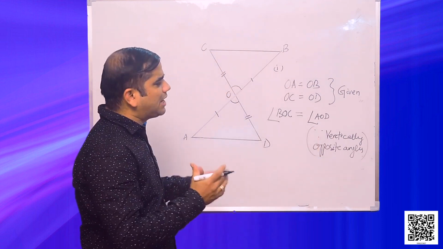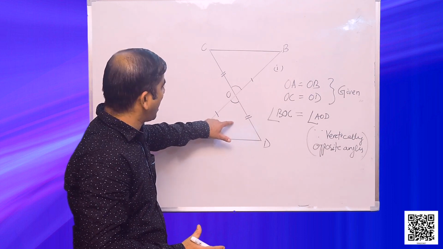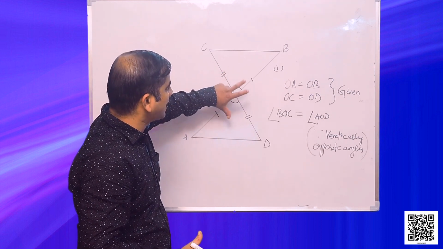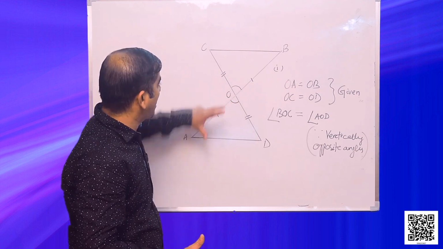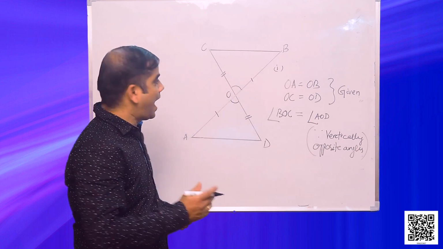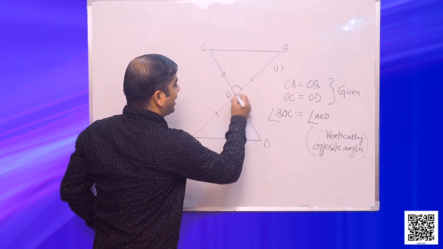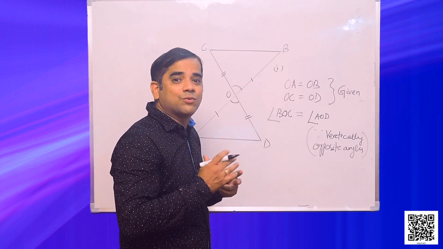So, what we have found out here is that these two triangles have two sides which are corresponding and equal, and another pair of sides which are also corresponding and equal, and the included angle between these two sides is equal as well.